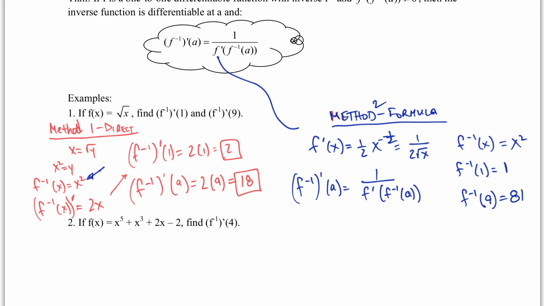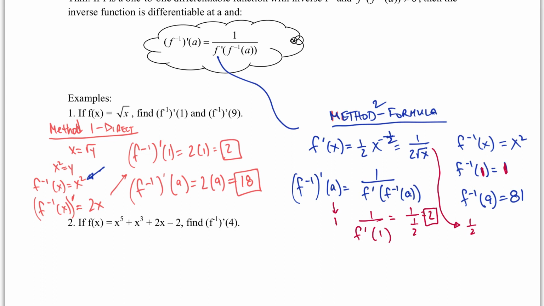When I put in 1, this will give me 1 over f prime of 1. I put in 1, I got out 1. I take the derivative over here, and I'll get 1 over 2 times square root of 1, which is 1/2. So 1 over 1/2, which is 2.